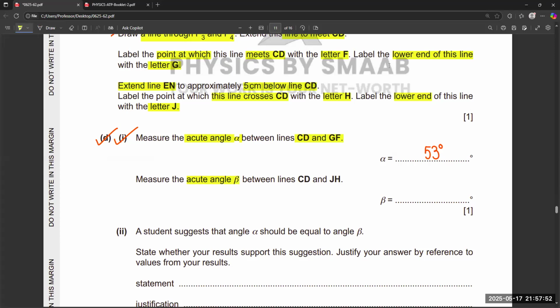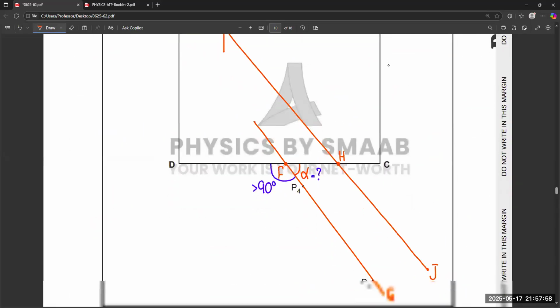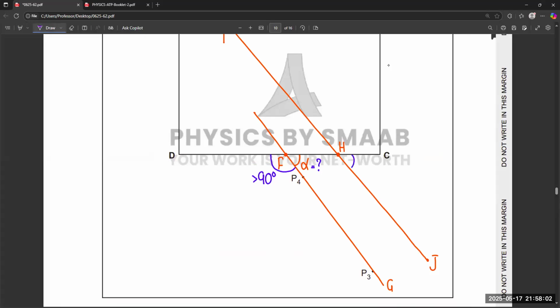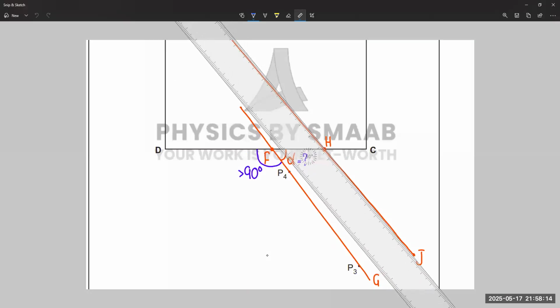And in the same way, measure angle beta. This is also an acute angle between CD and JH. So this is for the other line, this one. Again, this is beta. If we measure, this is slightly different.